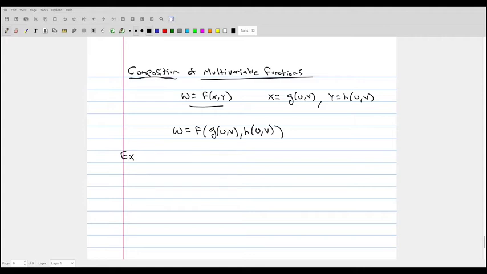So let's take a specific example. Let's say f of xy is the function x squared minus y squared, and then x is equal to uv, u times v, and y is equal to e to the u plus v, just to make it a little bit different.